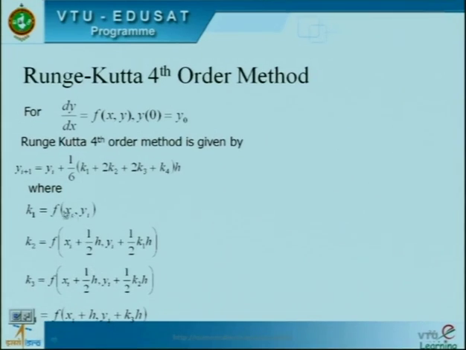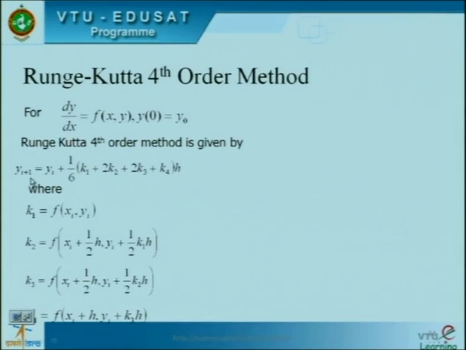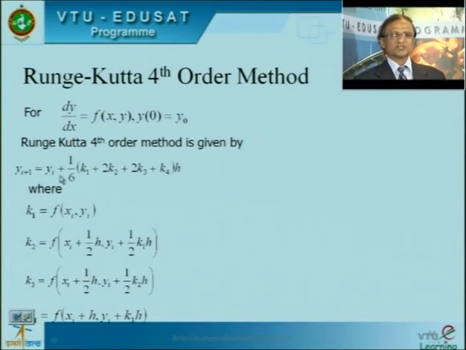After calculating all the 4 constants, I substitute those 4 constants in this general formula, and I can obtain y_{i+1}. As I mentioned in the case of Euler's formula, here also I can replace i by 0, then I will obtain y1.